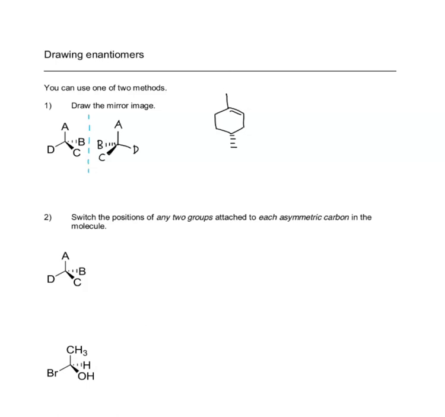Okay, let's take a look at these two structures. Okay, the one on the left is chiral. It has one asymmetric carbon.